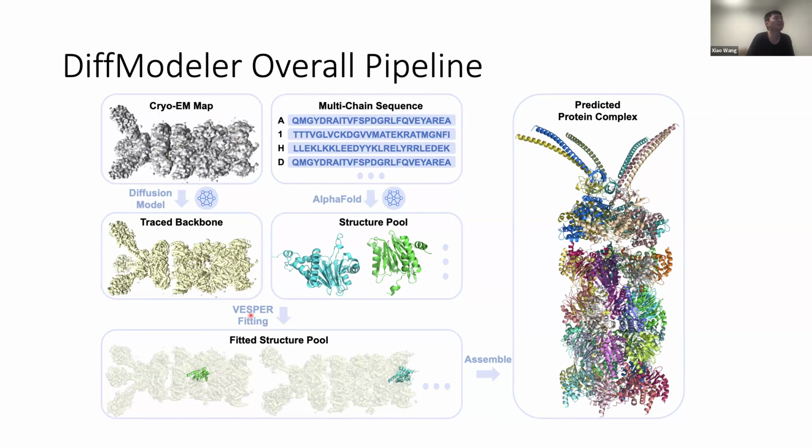Then we run our previously developed tool Whisper to fit those single chain structures into different positions in the traced backbone. And then we use our algorithms to assemble those different chains together to have the full protein complex.